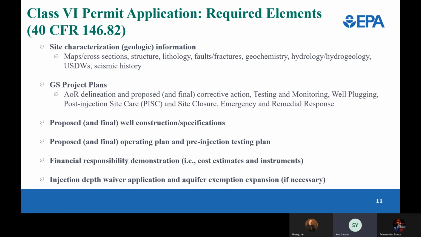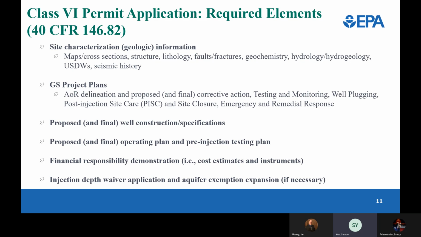To apply for a Class 6 permit, applicants must develop and submit to the UIC Program Director a range of geologic, hydrogeologic, modeling, engineering, and financial information about a proposed Class 6 project. Applicants must also submit plans for the life of the operation, including AOR delineation and proposed and final corrective action, testing and monitoring, well plugging, post-injection site care or PISC, and site closure, and emergency and remedial response.